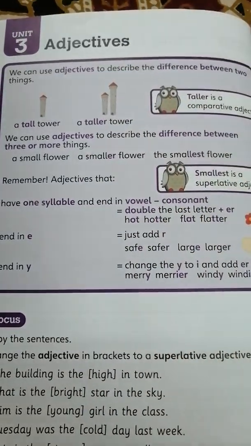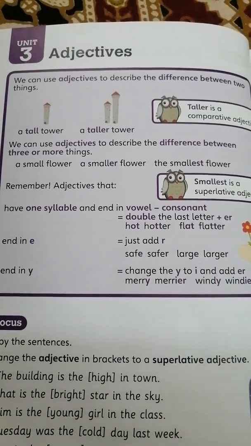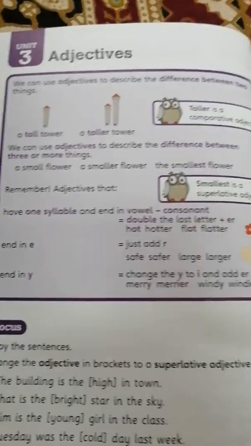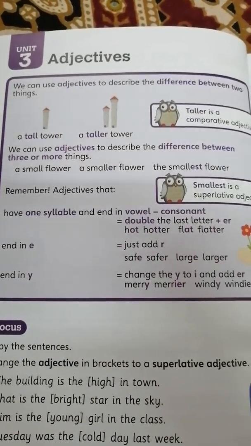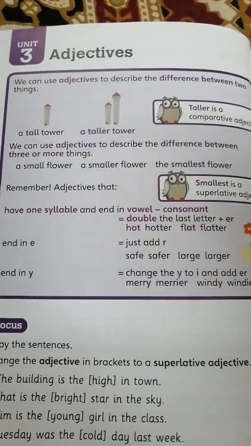Next is comparative. A comparative adjective is used to describe the difference between two things, two objects or places or people, compared to the positive adjective.